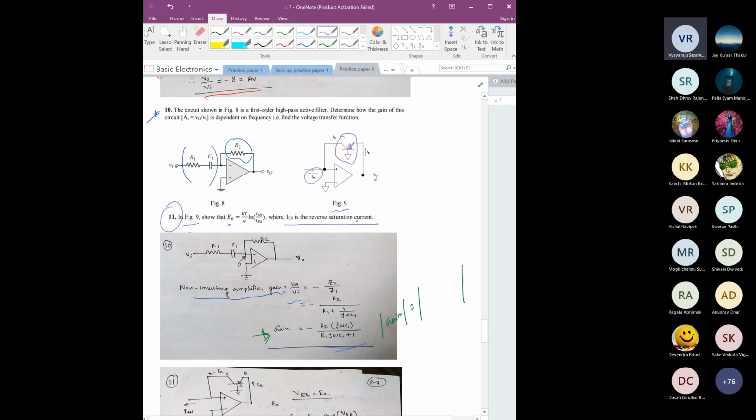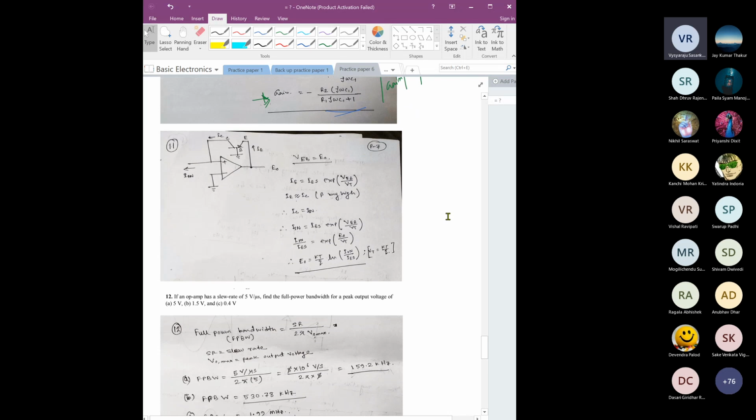So IE is equal to IES into exponential of mod of V of BE by VT. This IES is the reverse saturation current for this emitter current.